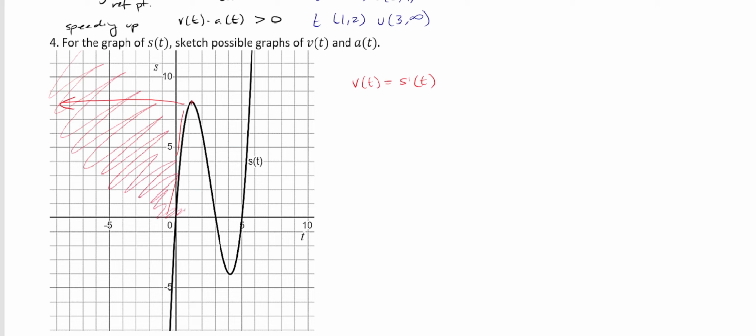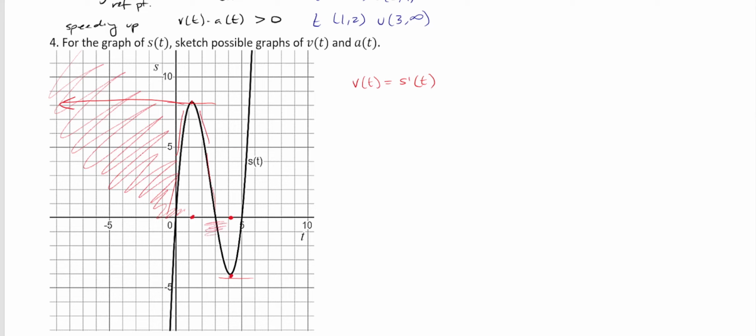Right at that turning point, it becomes 0, so I'll put a 0 right there. And then as we move on, the slope becomes negative until we hit this point right here. At that point, the slope is 0. So the v(t) function becomes 0.